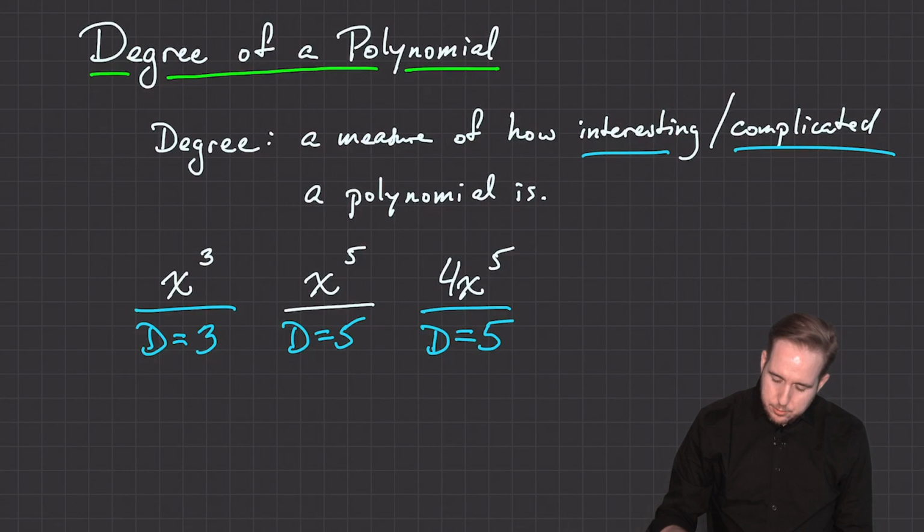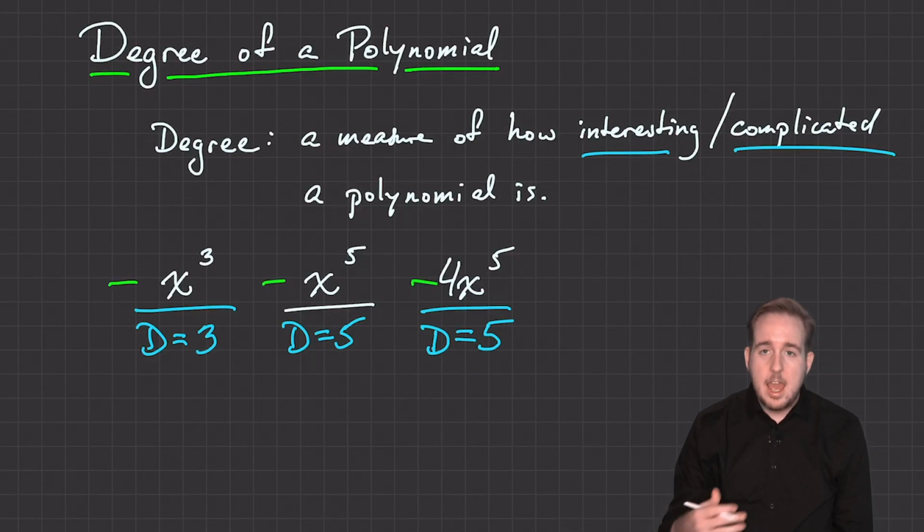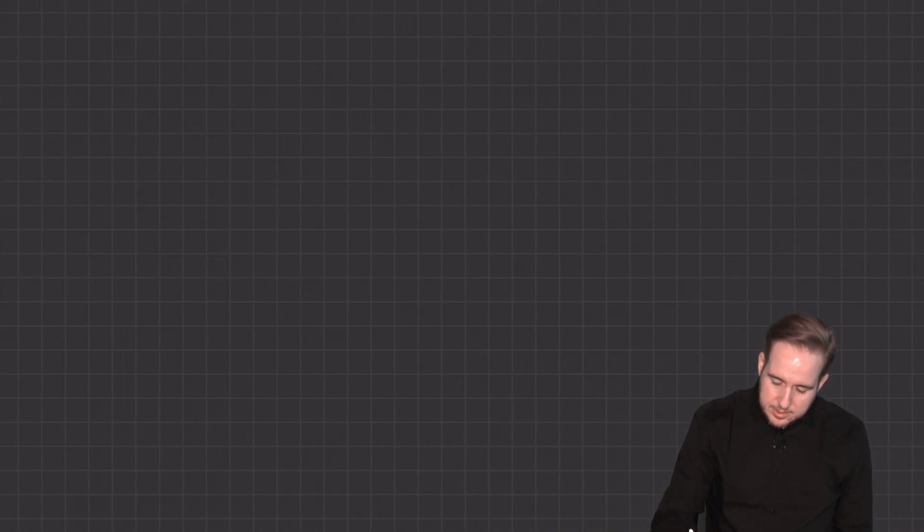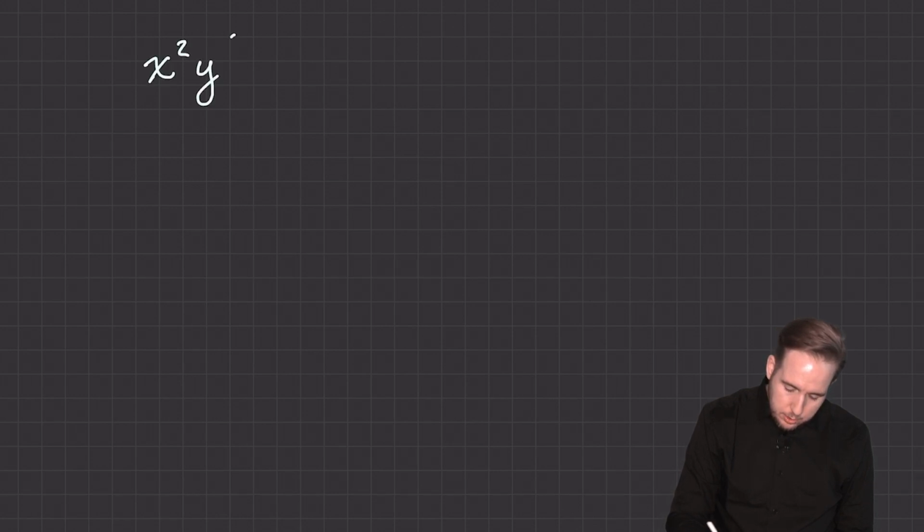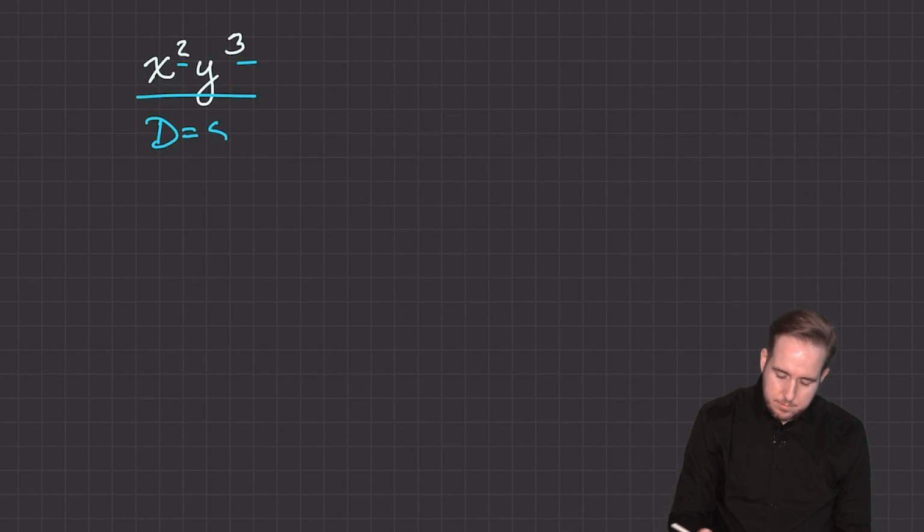And by the way, sign has nothing to do with it, so I could make all of these negative and wouldn't change the degree at all. So sign doesn't enter into it. Degree is really about counting exponents. Let's say I take something which is a little bit more complicated. How about x squared y cubed? Well, in this case, it would be 2 and 3, the degree would be equal to 5.